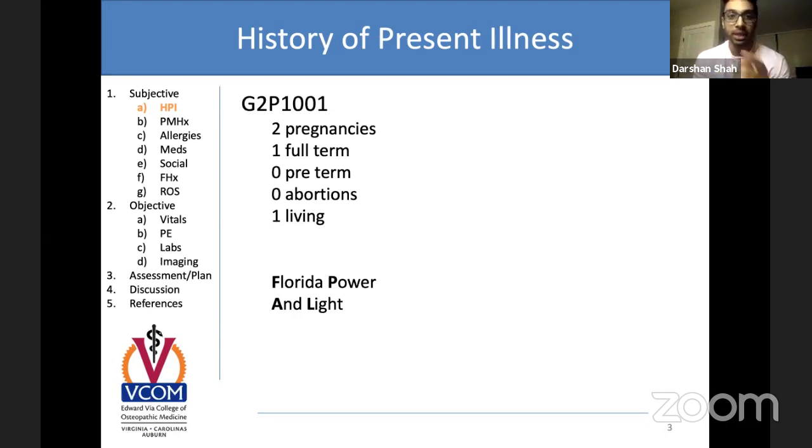And then the P is para, and there are 4 numbers after it. The first number after the P tells you how many full-term babies she has. The number after that is how many preterm. The third digit is how many abortions. And the last digit is how many living. A great way to remember that is FPAL, which I think of as Florida Power and Light. FPAL.